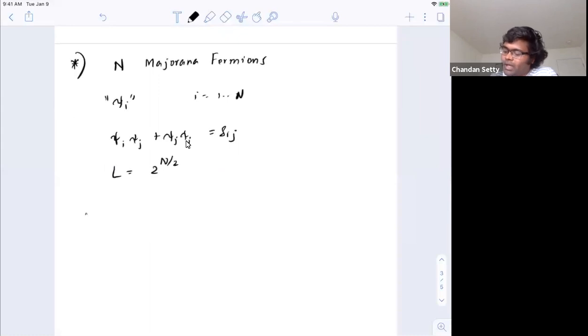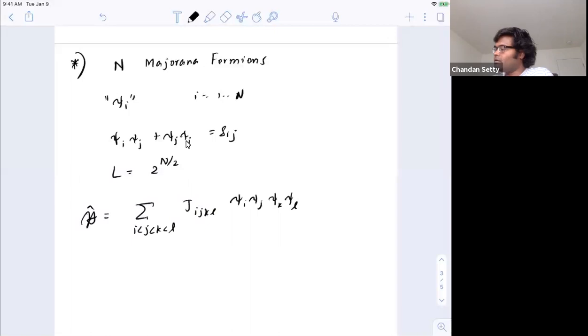The interacting part of the Hamiltonian in the SYK model is given by the following four-fermion term.